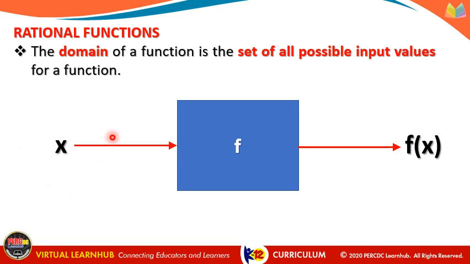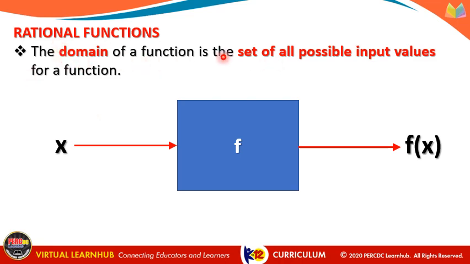Ito ngayon yung tanong. Ano yung mga values na pwede mong gamitin as inputs? Halimbawa, kung real numbers ang pinag-uusapan natin, lahat ba ng real numbers pwede mong gamiting values ng x? Or may mga real numbers ba na hindi pwedeng gamiting values ng x?